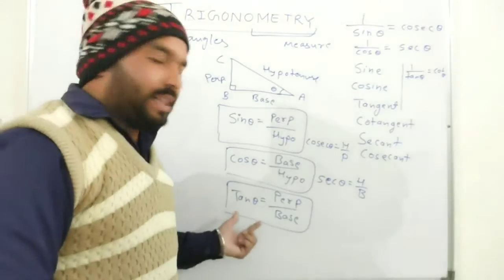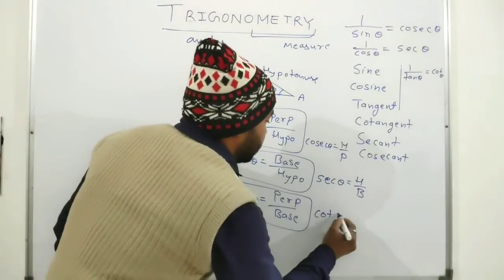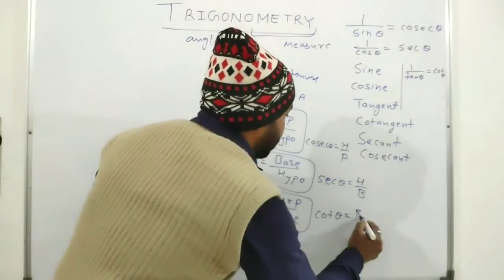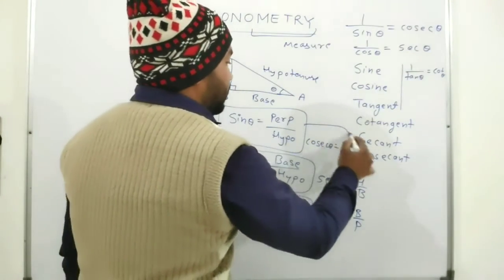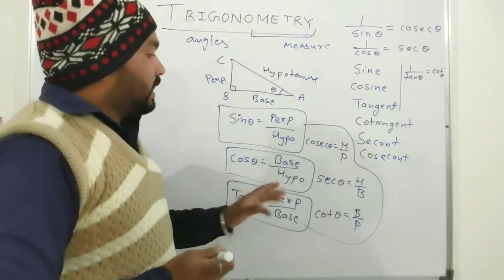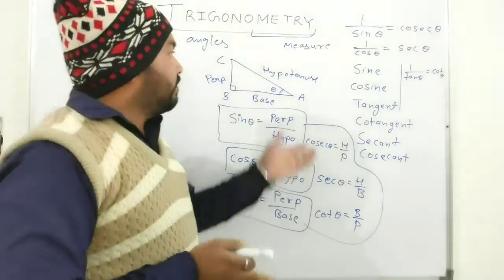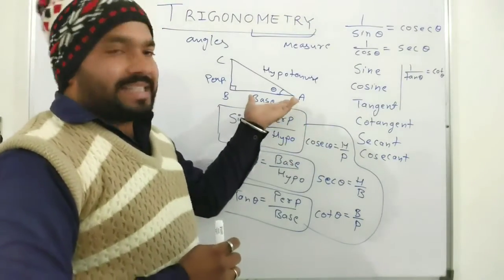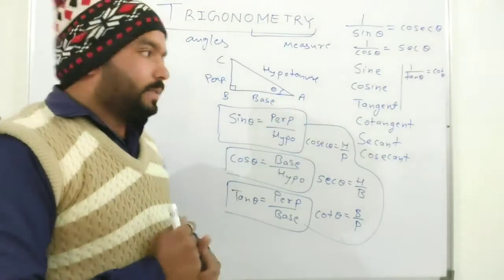The reciprocal of tan theta is cot theta, so cot theta equals base upon perpendicular. These are the 6 trigonometric ratios, and they are the ratios of the sides with respect to the angle. So in maths, we are measuring the angle with respect to the side.